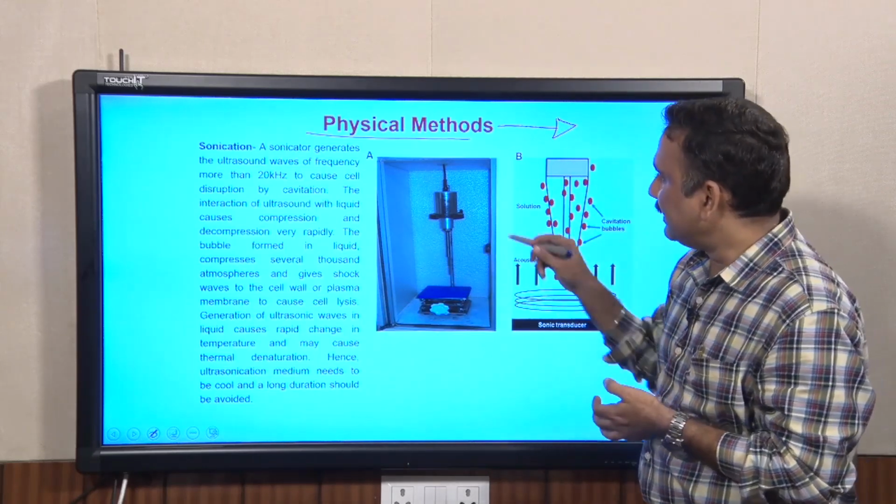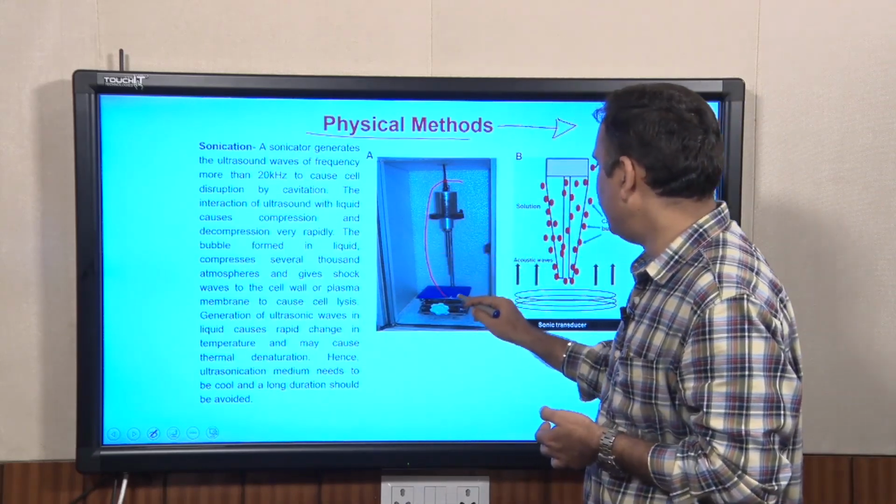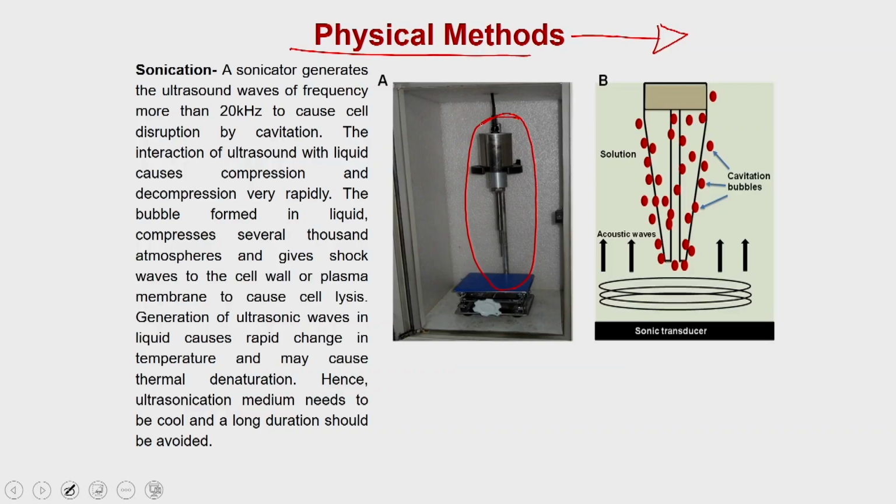So, you can see that you have a sonic probe. You can put your sample into this sonic probe, and the probe is going to generate sonic waves. These sonic waves cause compression and decompression of your liquid very rapidly as they hit the liquid.